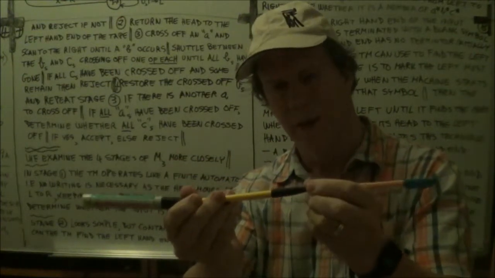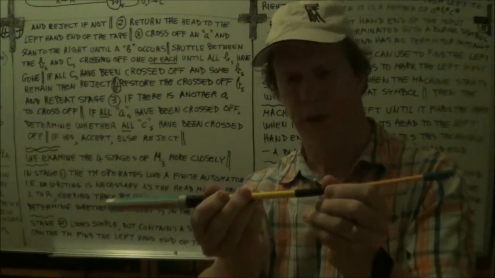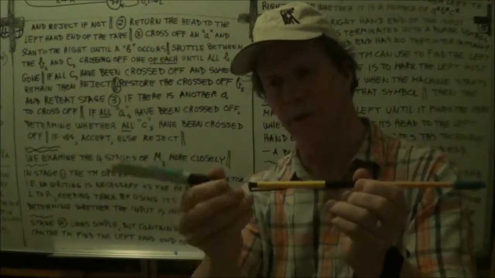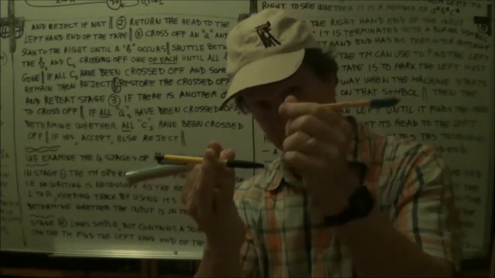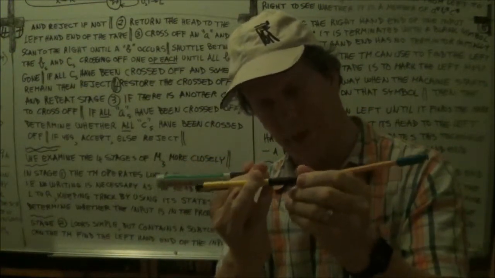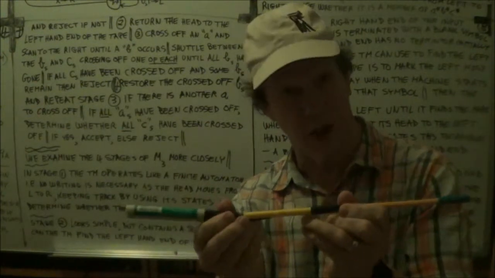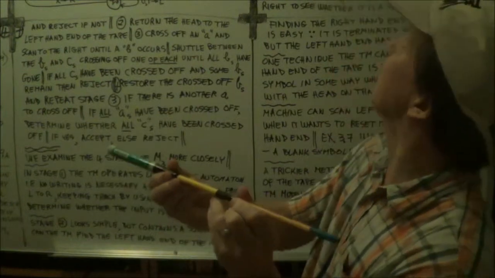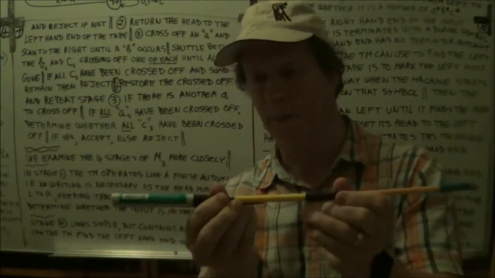Now the global strategy is the following. You're trying to see if the number of A's times the number of B's equals the number of C's. So here's the strategy used by this machine, M3, the third Turing machine example we're dealing with.